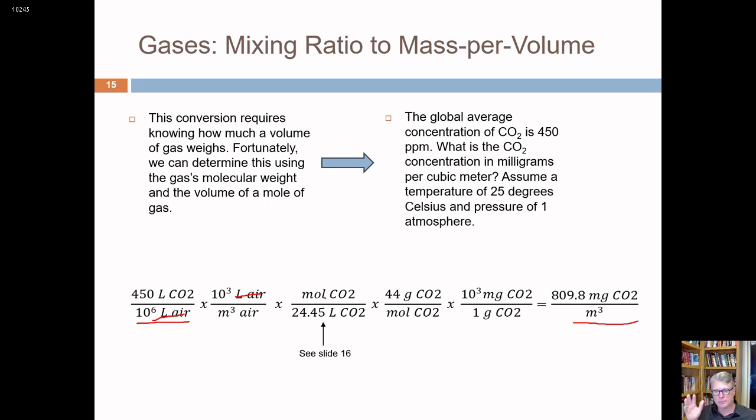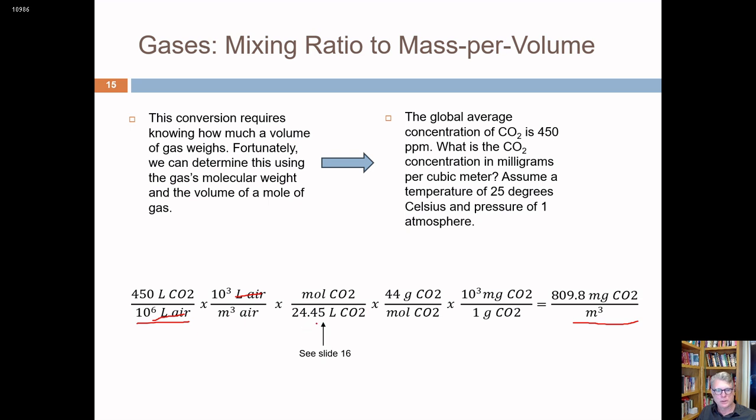Okay. So, at a temperature of 25 degrees C and a pressure of 1 atmosphere, 1 mole of a gas, in this case CO2, occupies a volume of 24.45 liters. And again, I'll show you where that comes from in a subsequent slide.